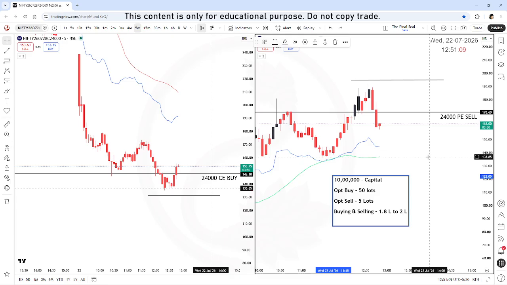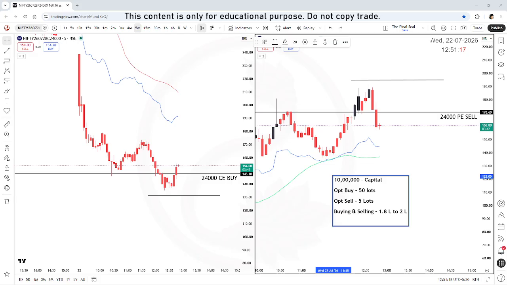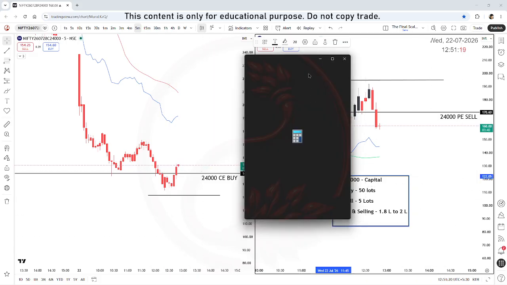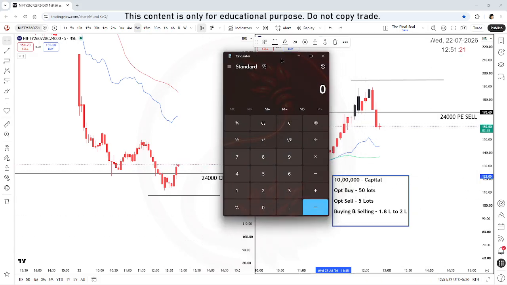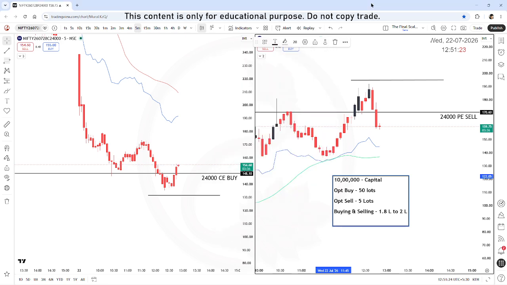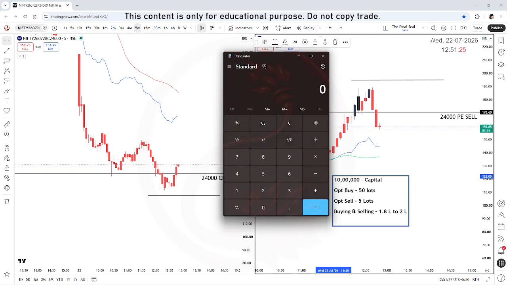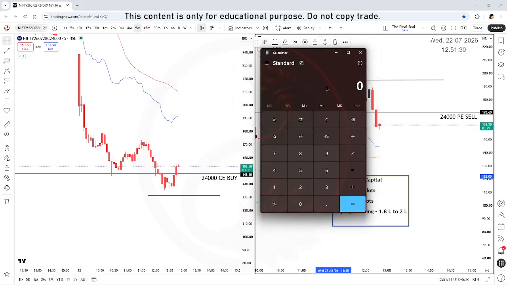Now, how much capital is it going to take to buy the call option that we have bought, right? The margin calculation for selling options is done by the exchanges and the brokers. But in option buying, you can easily calculate this, right? We have bought it at 148.10, so 148.10 into 65.